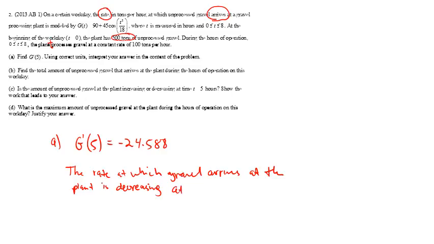And we want to say at a rate of 24.588, we need to put an appropriate unit, so that's going to be tons per hour per hour. Okay, because g of t was already measured in tons per hour, so when we take the derivative, another per hour gets added on, and then we need to make sure that we say at time t equal to 5.